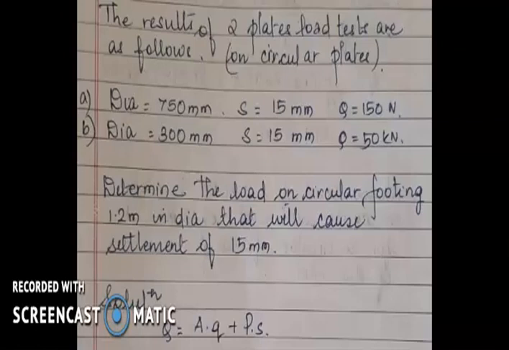So now, we are not given the value of q, we are not given the value of s. We know the area of the footing plate, we know the perimeter of the footing plate, and we know the load. So you have two cases. You know the value of Q, 150. You know the value of area, you can calculate from the diameter. You can calculate the value of perimeter.